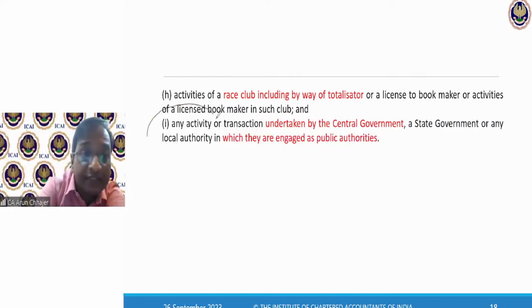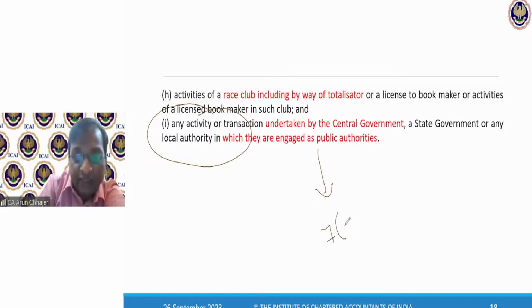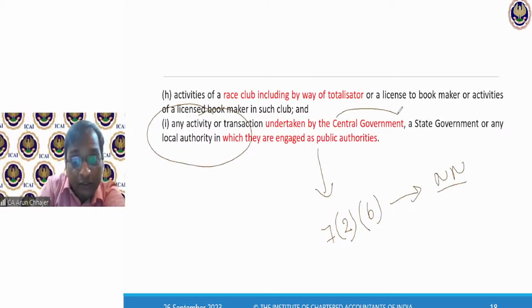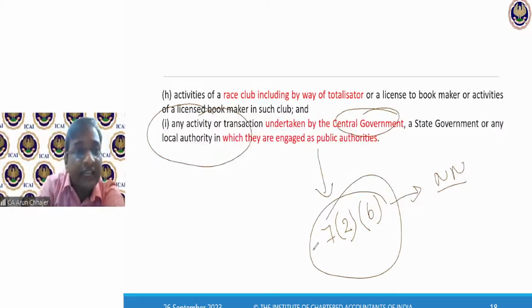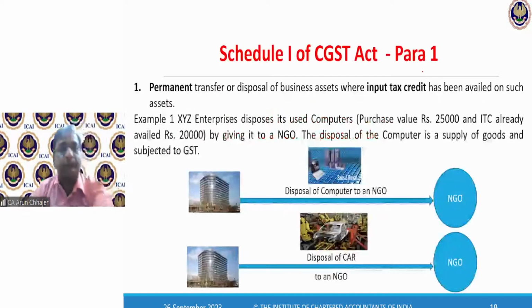Now, we will do the interlinking with section 7, subsection 2, clause B, along with one notification. So the activity in which they are engaged as a public authority, we will do the interlinking with 7(2)(B) in some time.